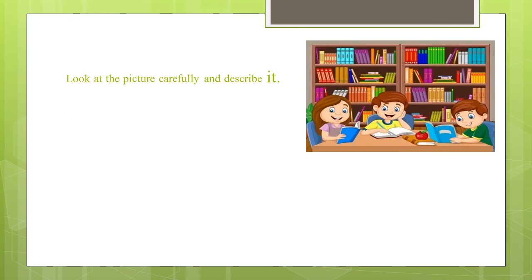Dear students, I have chosen a very easy picture for you. Look at the picture carefully and describe it. First, look at the setting of the picture. Picture of a library. Now note people and things in the picture.